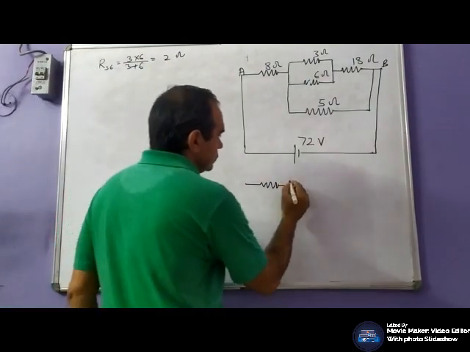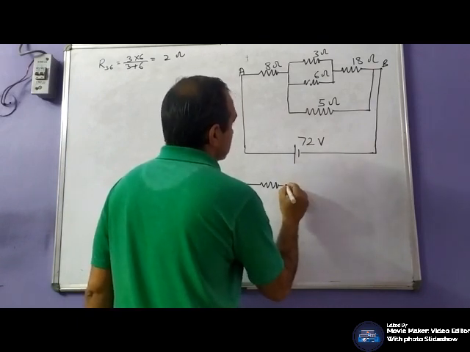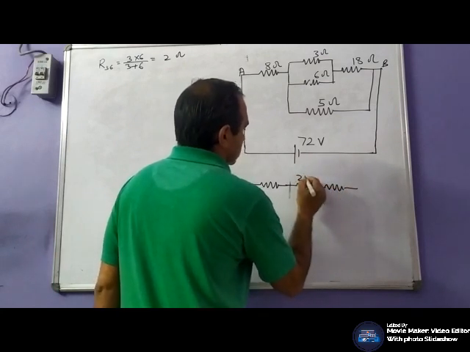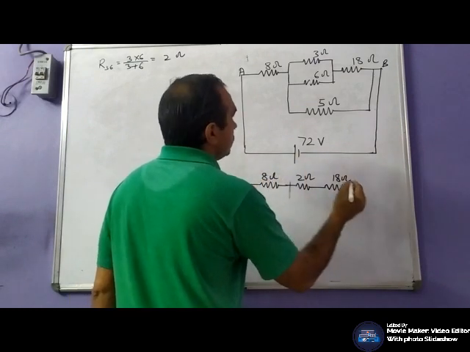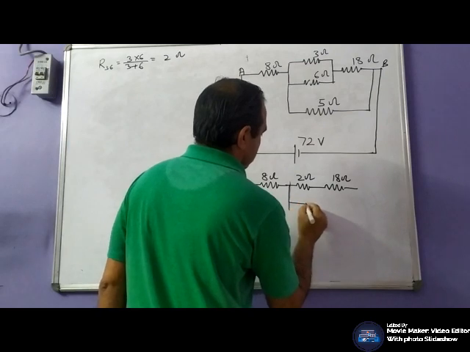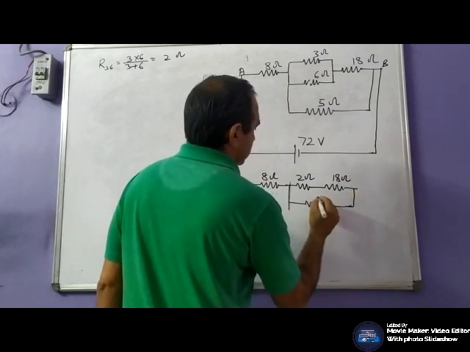So this will be reduced to 2 ohm, 18 ohm, 8 ohm, and 5 ohm.